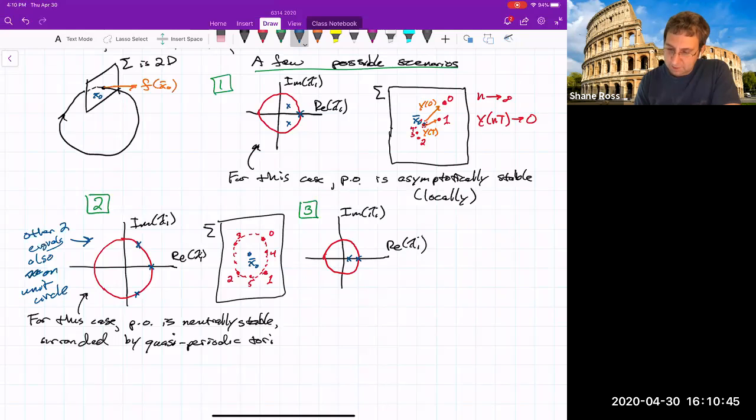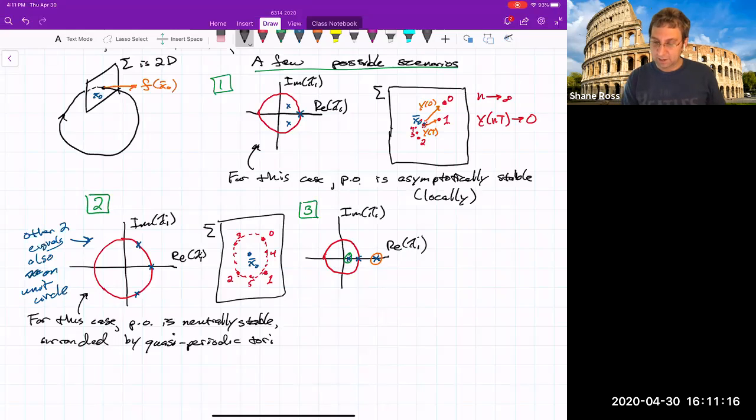It's real. But then, I have an eigenvalue outside the unit circle. Okay, what does this correspond to? Well, if you get the eigenvalues corresponding to these two directions, maybe I will color that one in orange. It corresponds to stable and unstable directions.